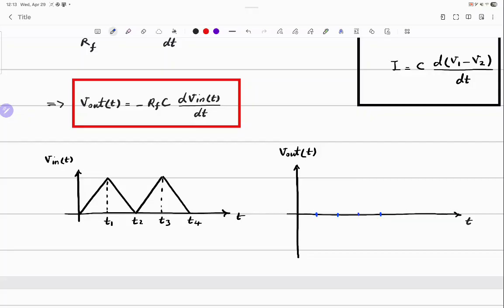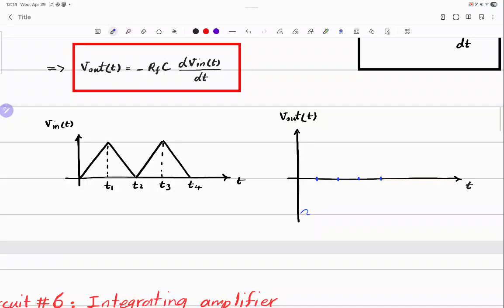So it's a constant positive number. Then it will be multiplied by a negative number, so it will be a negative constant number, right? How about between T1 and T2? The slope is negative, a negative constant, multiplied by a negative number, it will be a positive constant.